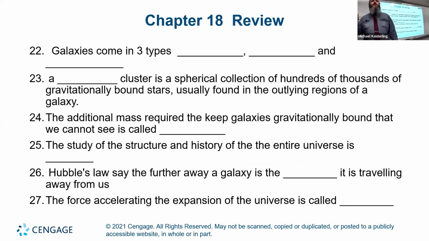And the spiral type, there's two types of spiral galaxies: normal spiral and barred spiral. A globular cluster is a spherical collection of hundreds of thousands of gravitationally bound stars, usually found in the outlying regions of a galaxy. So elliptical, spiral, irregular.